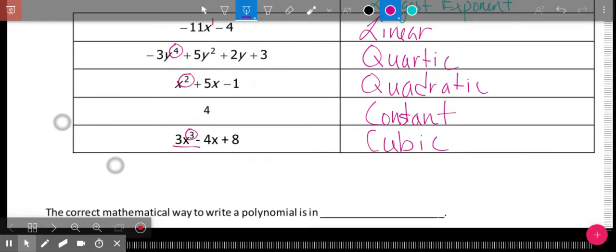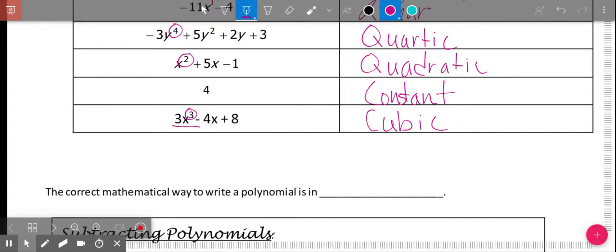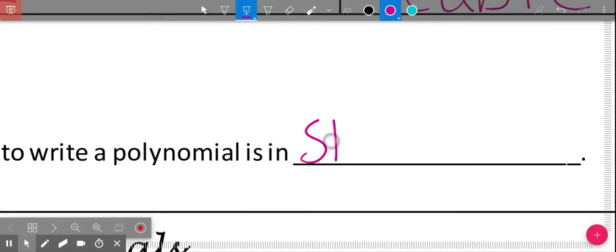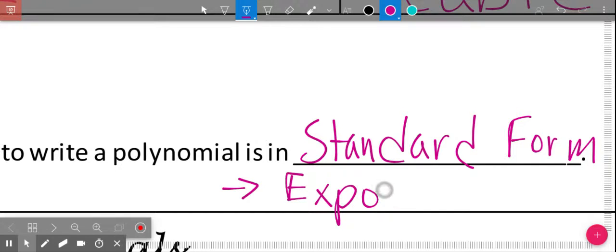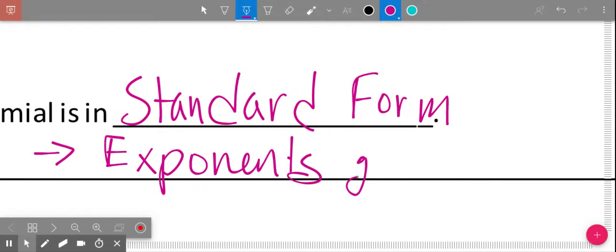So I mentioned to a few of you yesterday that the correct mathematical way to write a polynomial is in standard form. And this is when the exponents go largest to smallest.